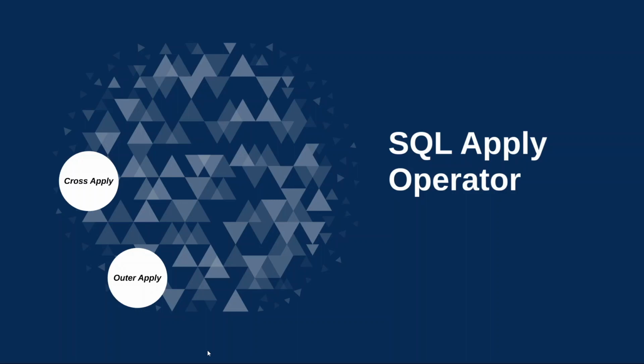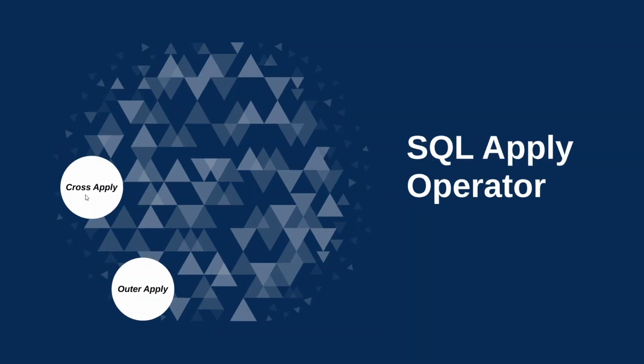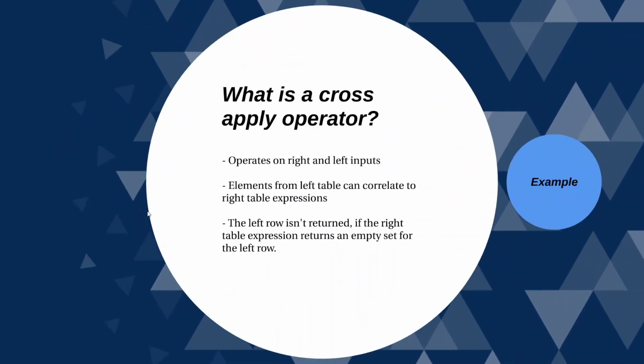Let's have a look at the types of the SQL Apply operator. The first type is the cross apply operator. The cross apply operator has the right and left inputs as table sets, and elements from the left table can correlate to the right table expressions.